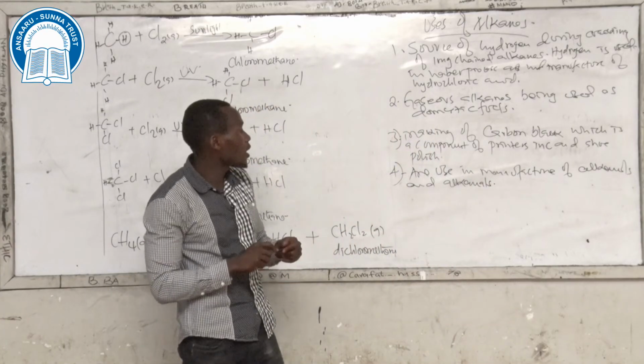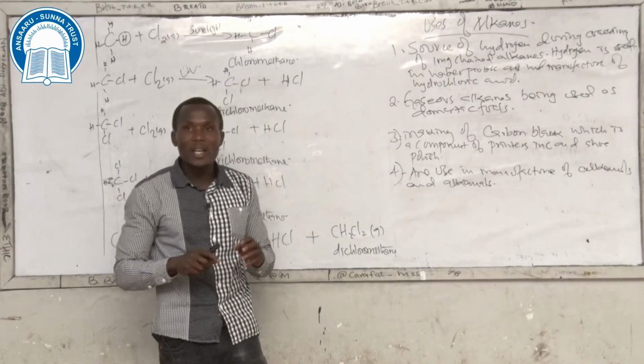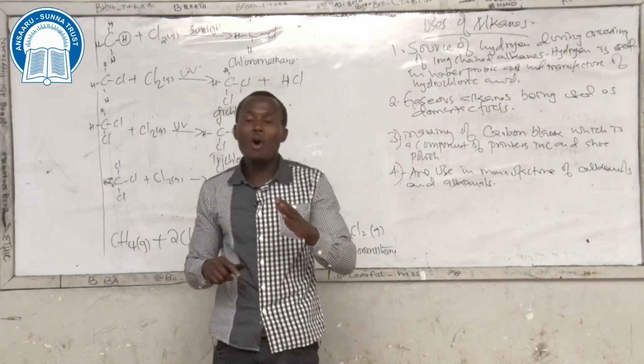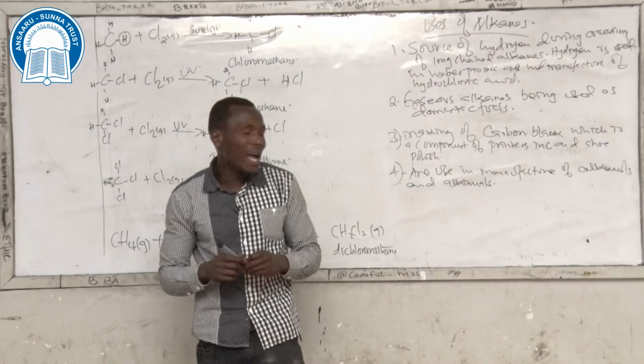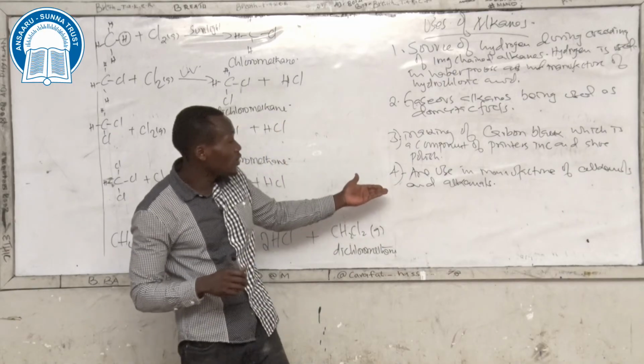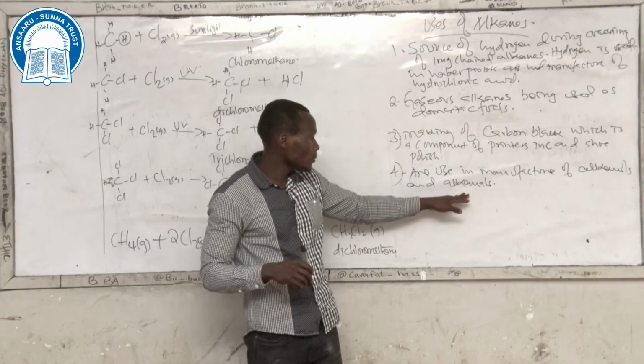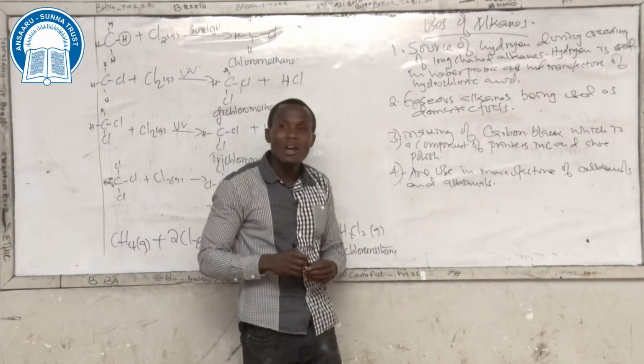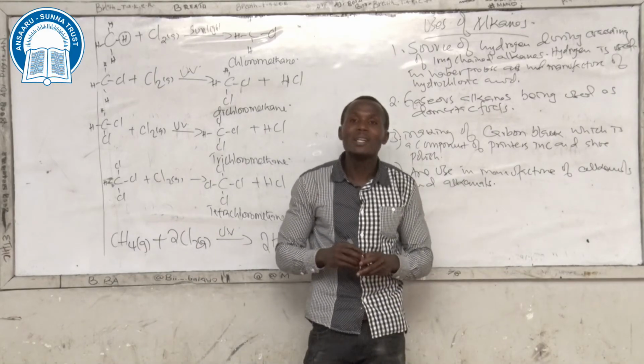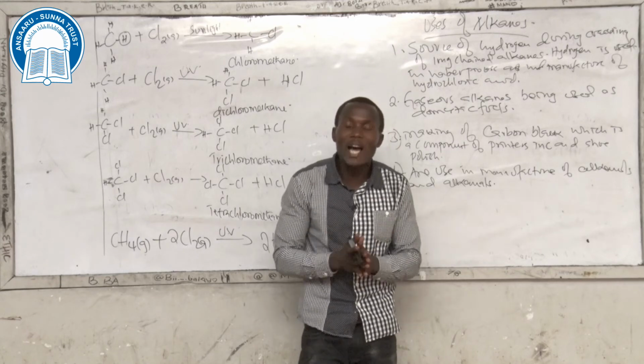So that gives us some of the uses of alkanes, whereby when we are carrying out cracking of alkanes, one of the products being formed is the short-chained alkanes.